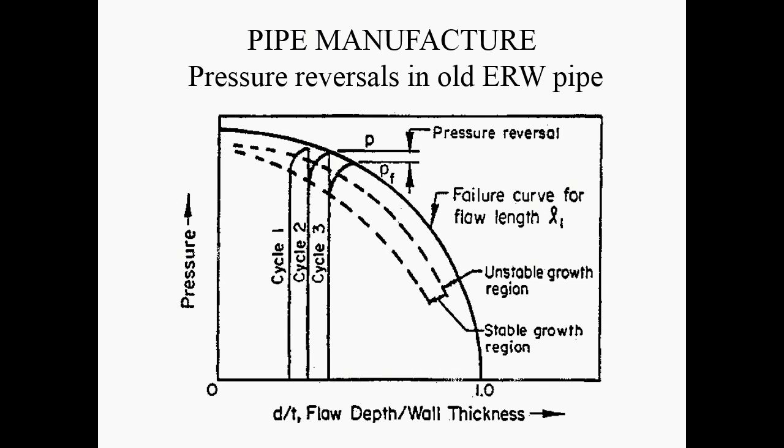Big problem with old electrically resistance welded pipe, because you had these lack of fusion defects present in many cases, which you couldn't avoid. And it wasn't until the processes were very well set up that we went away from that.